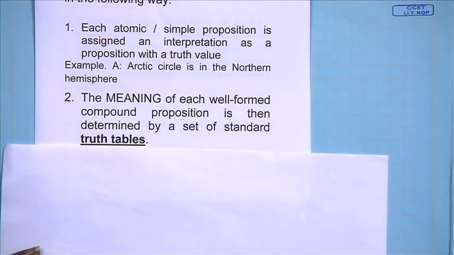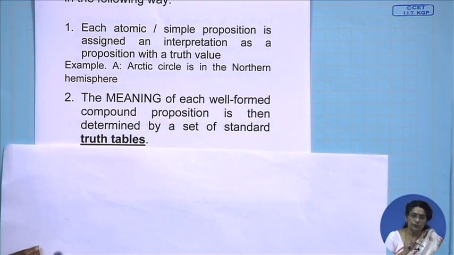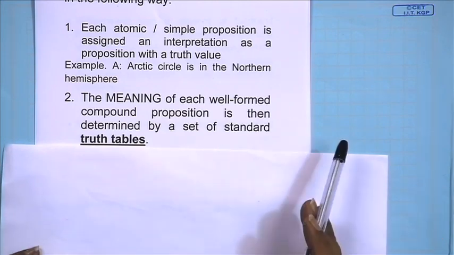One of them is the truth table. There are other procedures also. So, the same way does not work for the compound propositions. Why? Because the compound propositions here in PL are all truth functional. So, knowing the truth values of the components is going to reflect back on the truth value of the compound proposition.